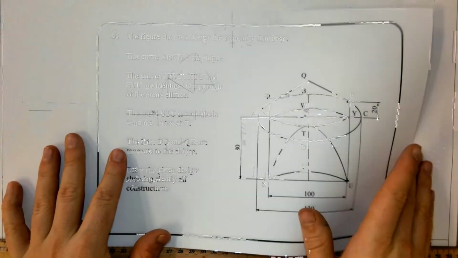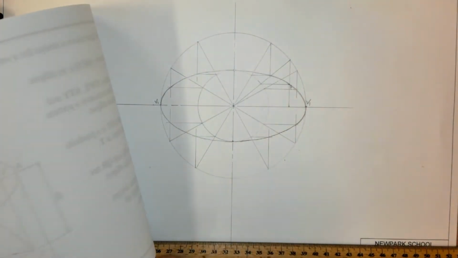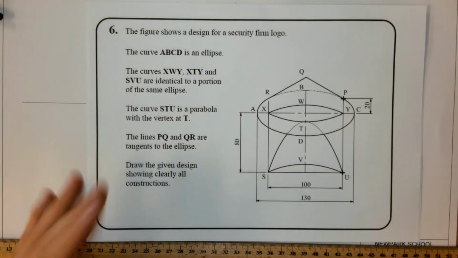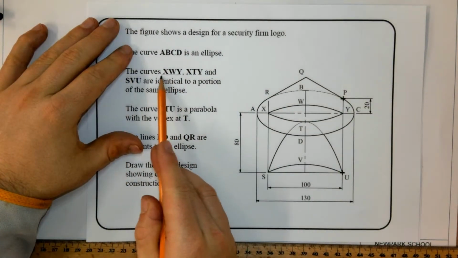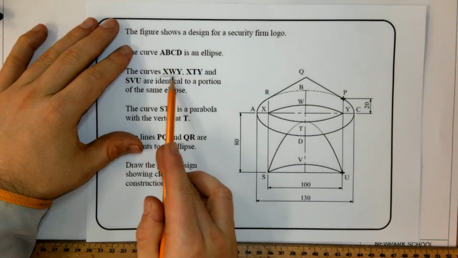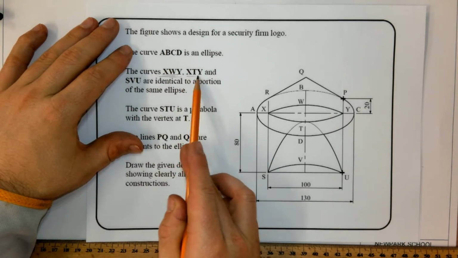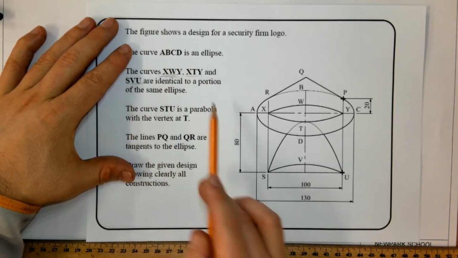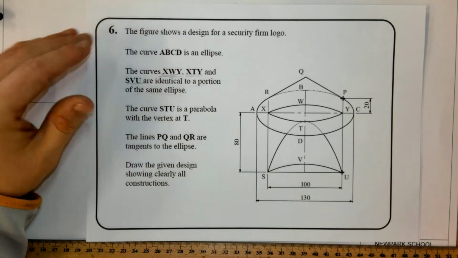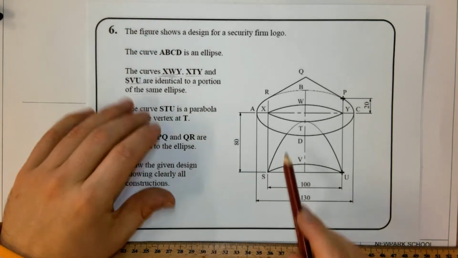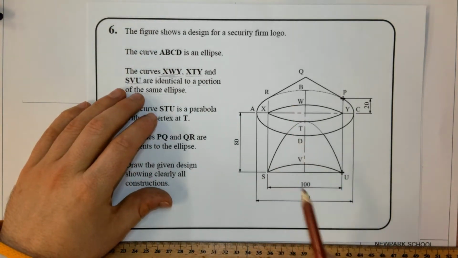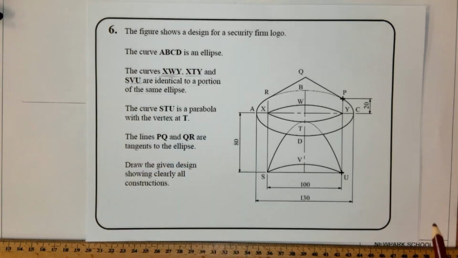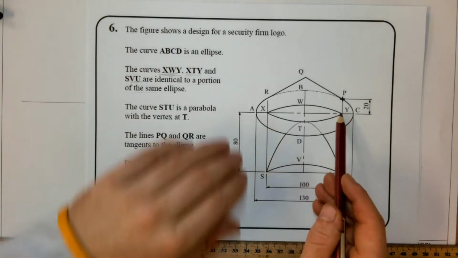Now, with that done, okay, the curves XWY, XTY and SVU are identical portions of the same ellipse. So these three, okay, they're all identical. The length of them is 100.